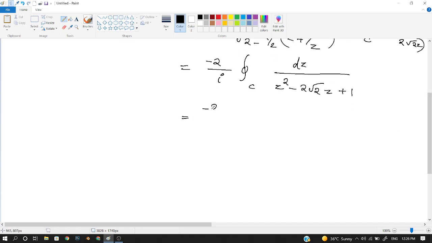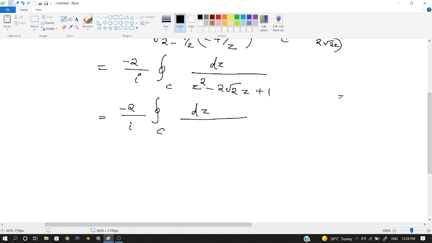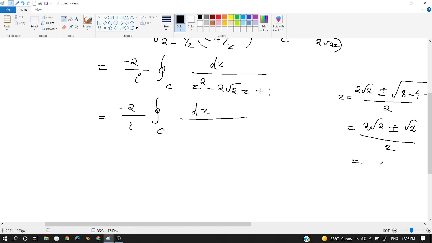Now this is equal to minus 2 by i integral over C dz divided by, now we can solve this quadratic equation. So what are the roots here? z is equal to minus b plus or minus square root of b square minus 4ac divided by 2a. So this is 2 root 2 plus or minus, here we have 8 minus 4, root 4, that is 2, divided by 2.